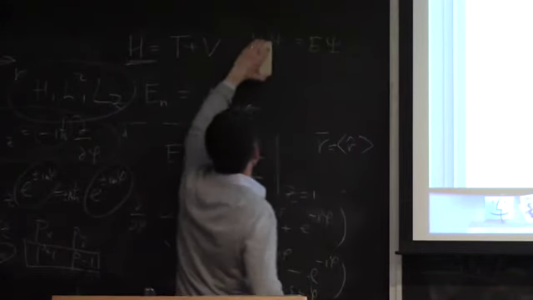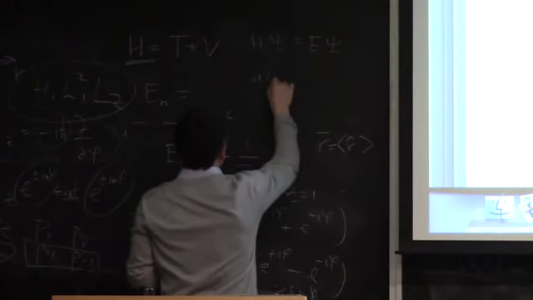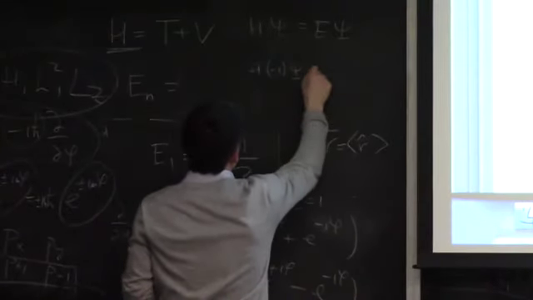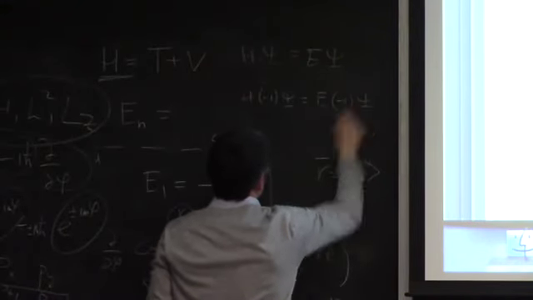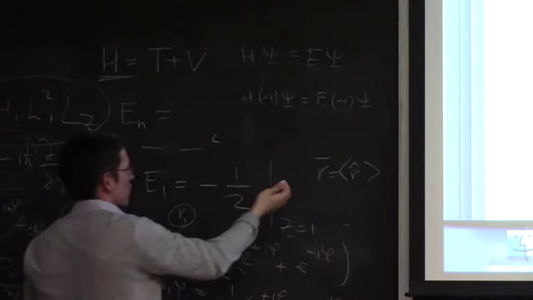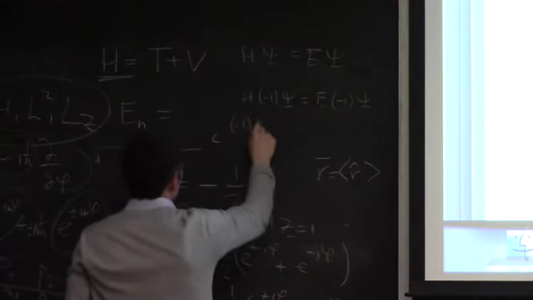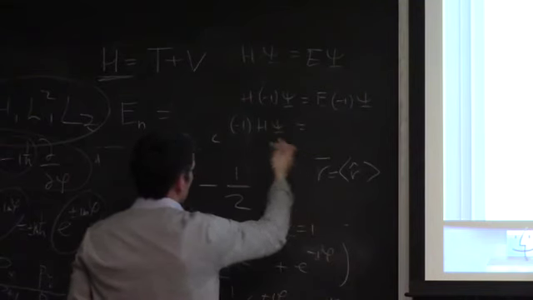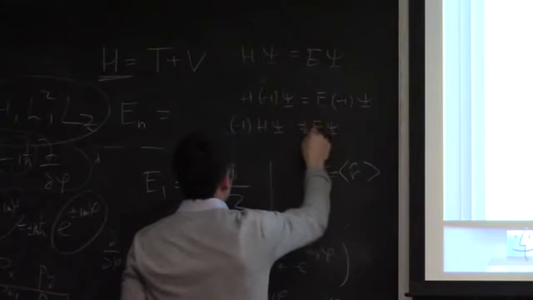The idea would be, if this is the case, then you have H of minus 1 psi equals E times minus 1 psi. You want to check whether that's true. You can take the minus 1 outside, and this is indeed E psi multiplied by minus 1.